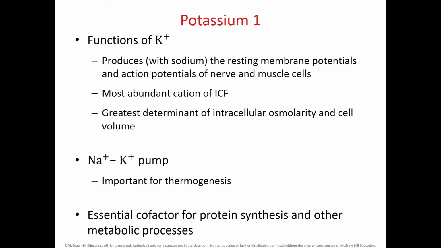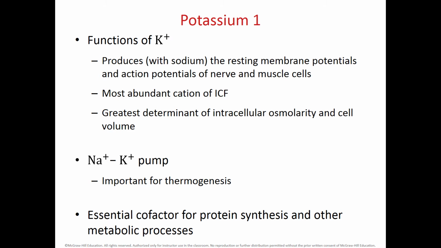For potassium, similarly to sodium, it is responsible for maintaining a resting membrane potential and also for generating action potentials within excitable cells like nerve and muscle cells. Again, this is the most abundant cation in the intracellular fluid, and it determines the intracellular osmolarity, rather than the extracellular osmolarity as happens with sodium in the extracellular space.